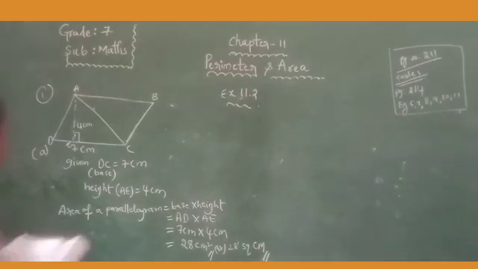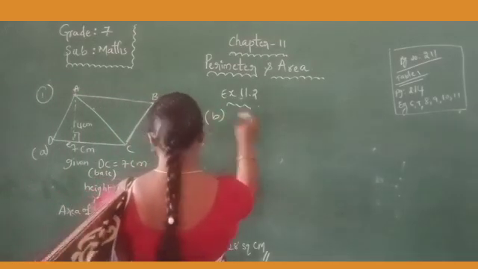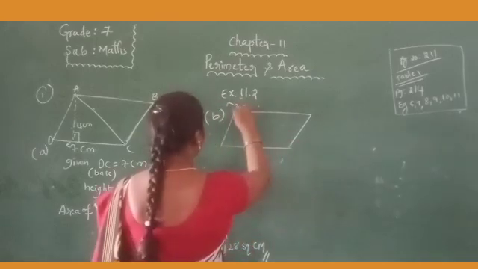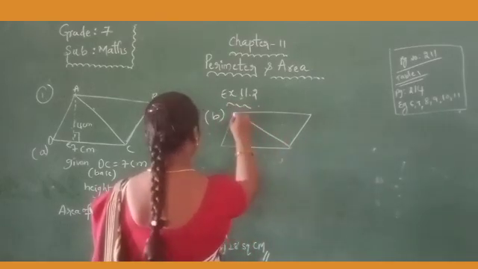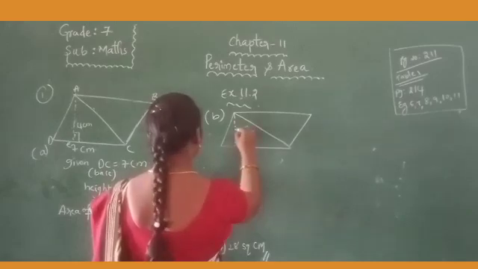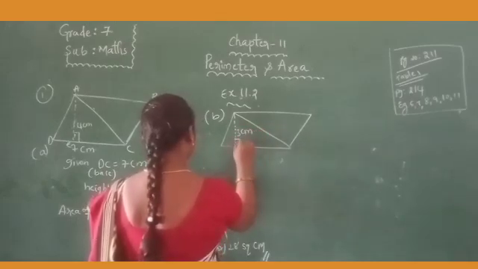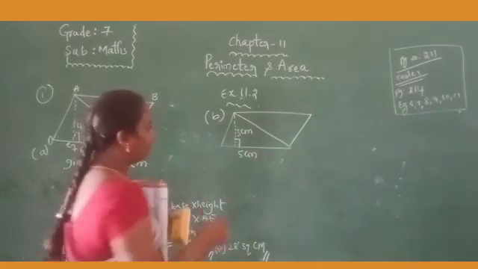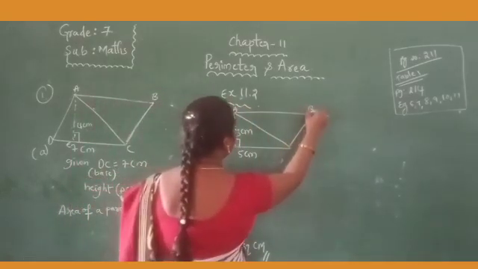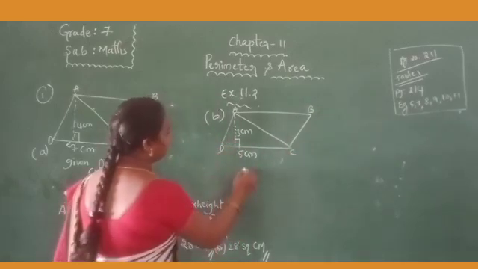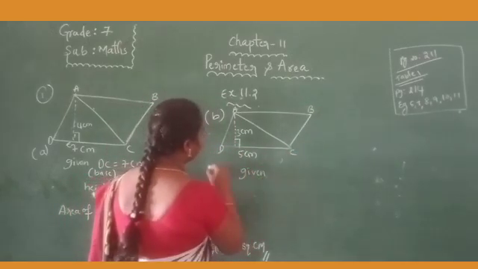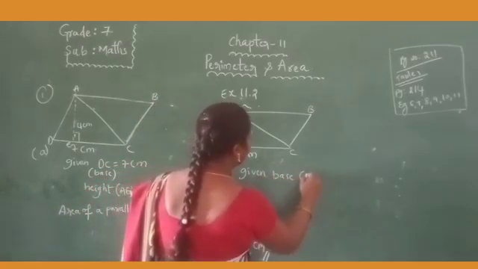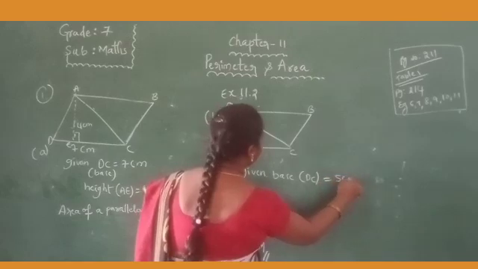See, next the B problem. Draw all these figures in your notebook neatly, with a pencil only. So here altitude, that is height, is given and base is given. Okay, so you have to give the names A, B, C, D. Right. After that we have to write the given values. Given base DC is 5 centimeters.